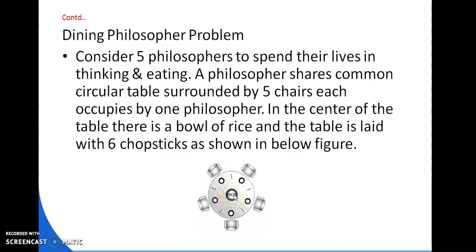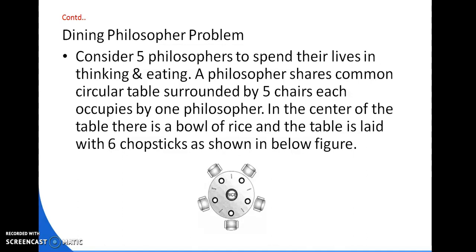When a hungry philosopher has both her chopsticks at the same time, she eats without releasing them. When she finishes eating, she puts down both chopsticks and starts thinking again.